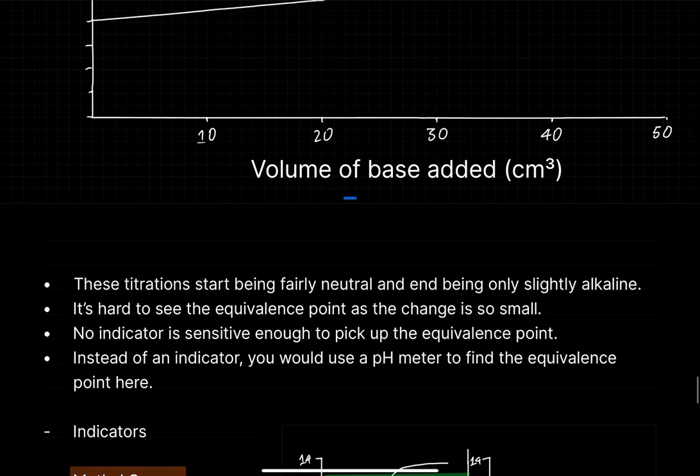These titrations are fairly neutral in general, and because the equivalence point change is so small, there's not really an indicator that's sensitive enough to pick up on it. Instead of an indicator, you usually use a pH probe or pH meter to find the equivalence point here.